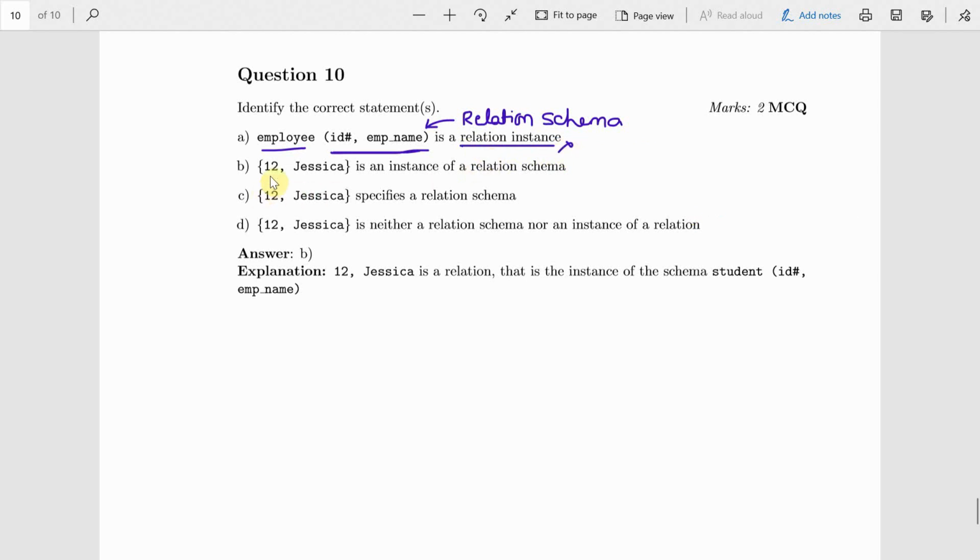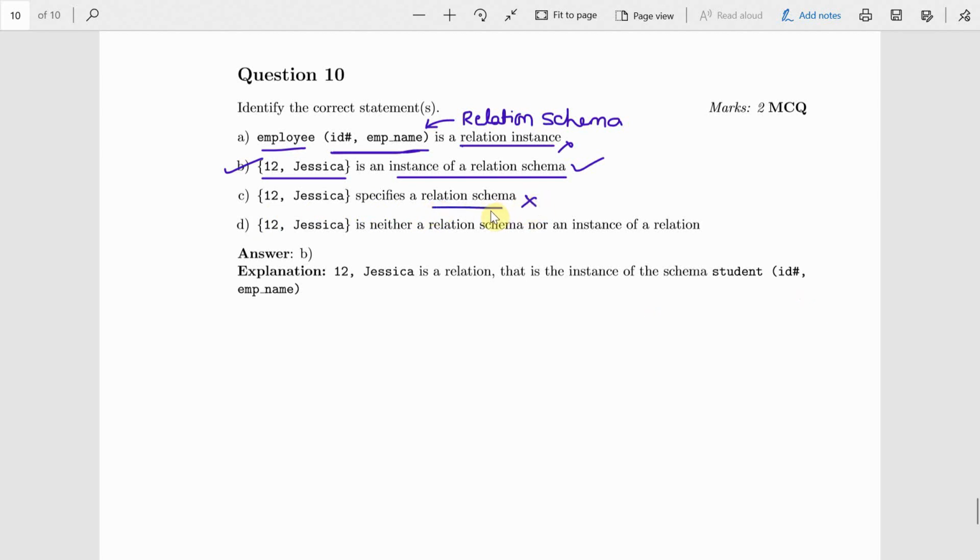Option A is incorrect. The values 12, Jessica are an instance of a relation schema. It is perfectly correct, so this is the correct statement, and the answer is option B. Option C says 12 Jessica specifies a relation schema.